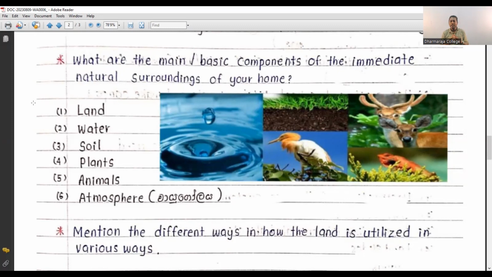My dear children, they are also the main and basic components of the immediate surroundings of your home. Now you can divide them into natural examples and man-made examples.